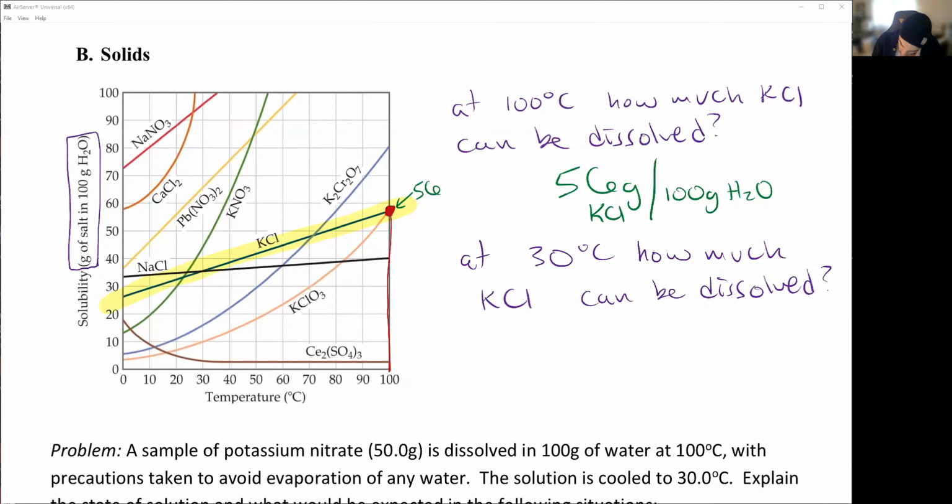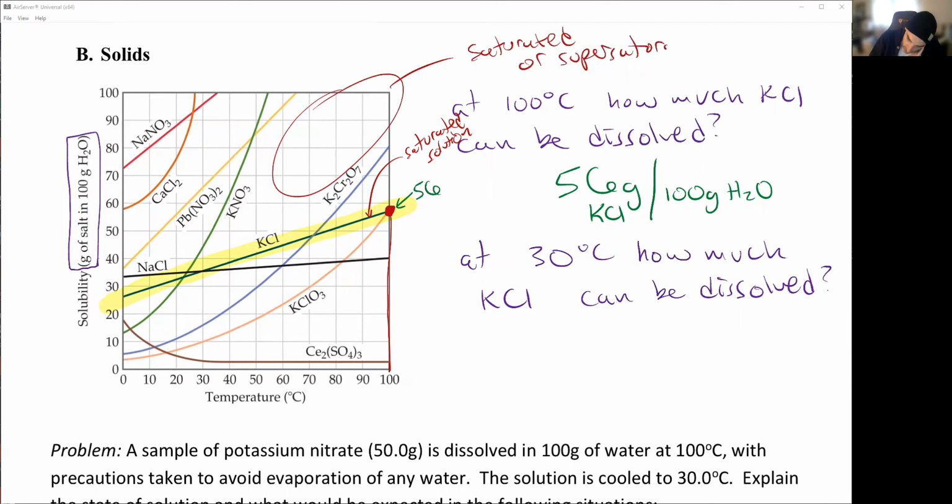Notice that we're right on the line. If we're actually on this line, that is a saturated solution, if we actually create that solution. Anything above that line is going to be either saturated or supersaturated. The only way you can tell the difference is by observing it.